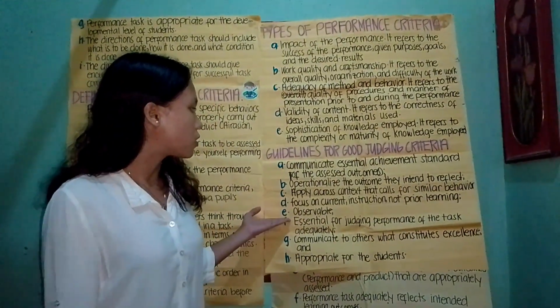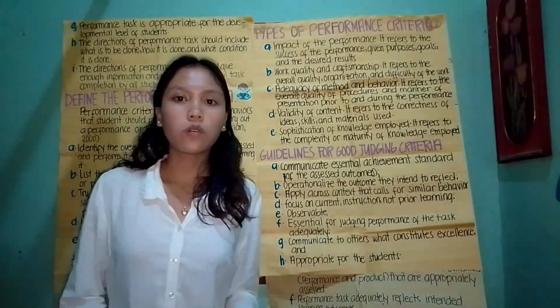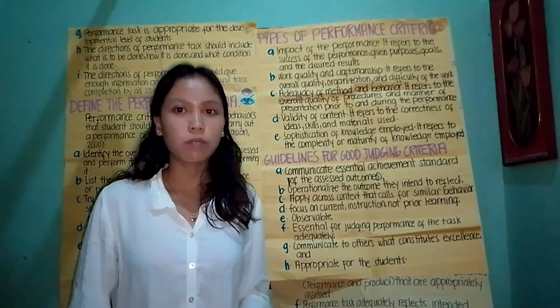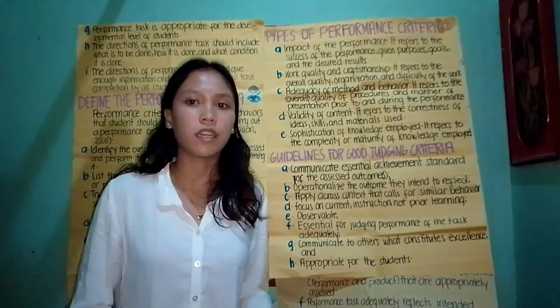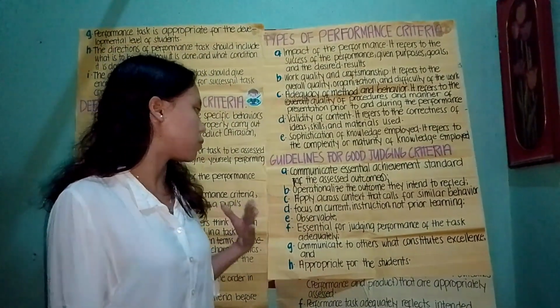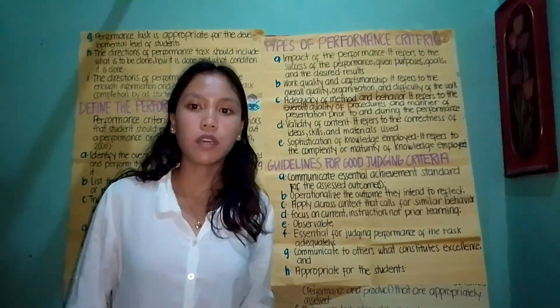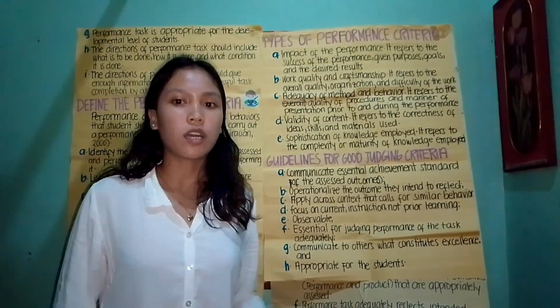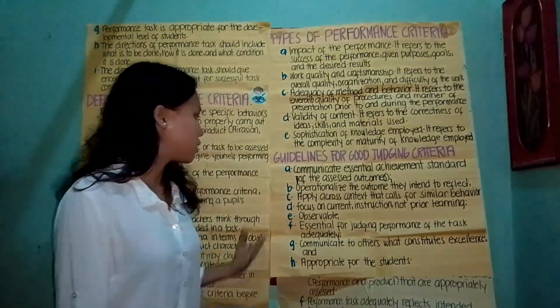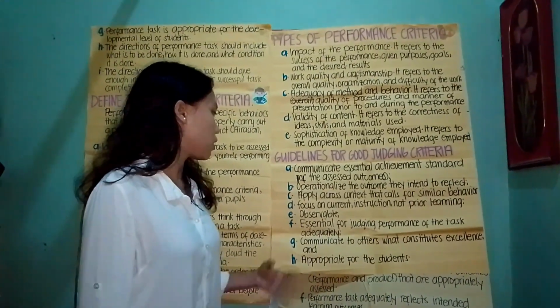And letter D, focus on current instruction, not prior learning. So judge based on what students are learning now, not past knowledge. And letter E is observable. So use actions or results that can be seen or measured, not just guessed.